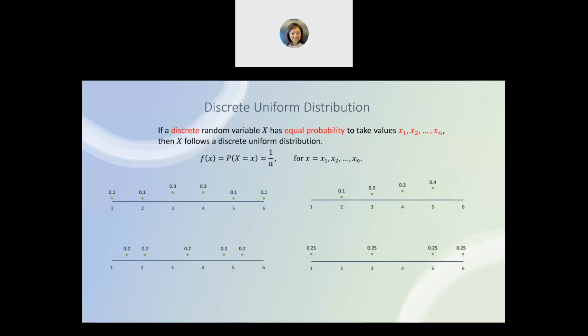Let's use the definition of discrete uniform distribution to have a look at these four distributions, whether we've got a discrete uniform distribution here. The first one, the dots are above the integers 1, 2, 3, 4, 5, 6.